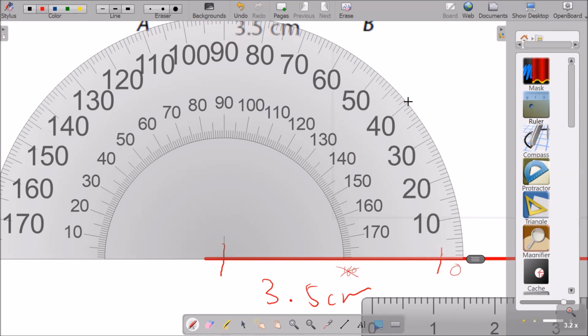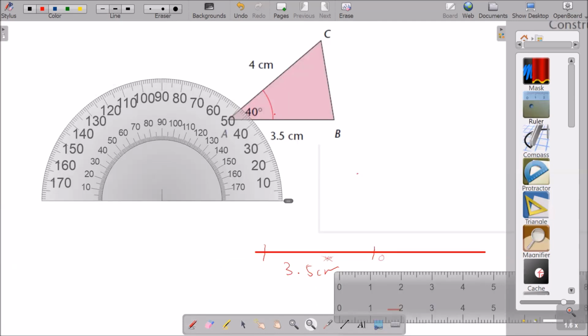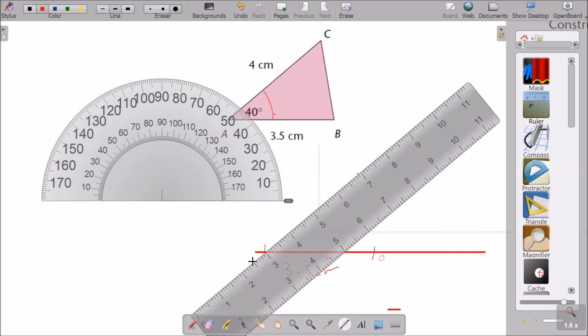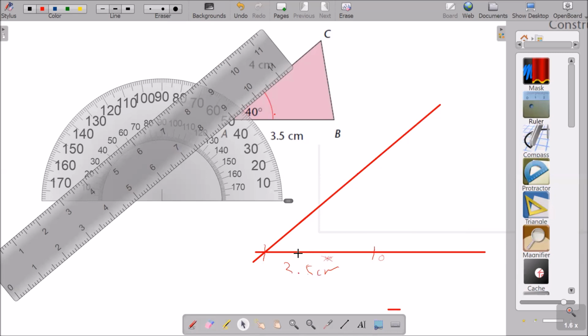So this is where we take this as my point. Then I would remove the protractor, take my ruler, connect this point to that point, and then draw a straight line through that point. This angle here is 40 degrees.